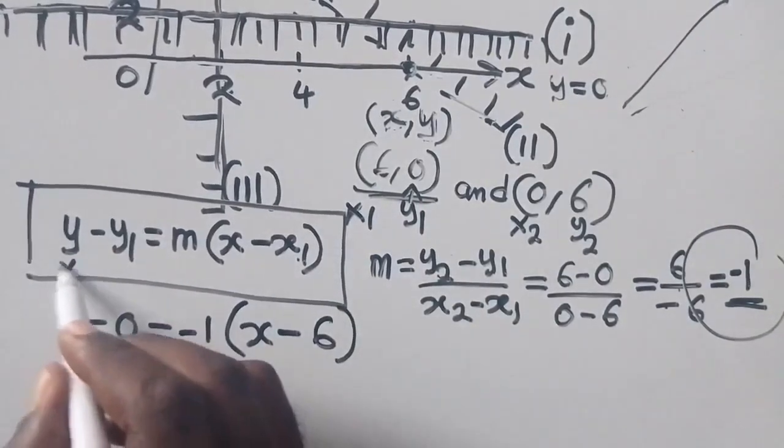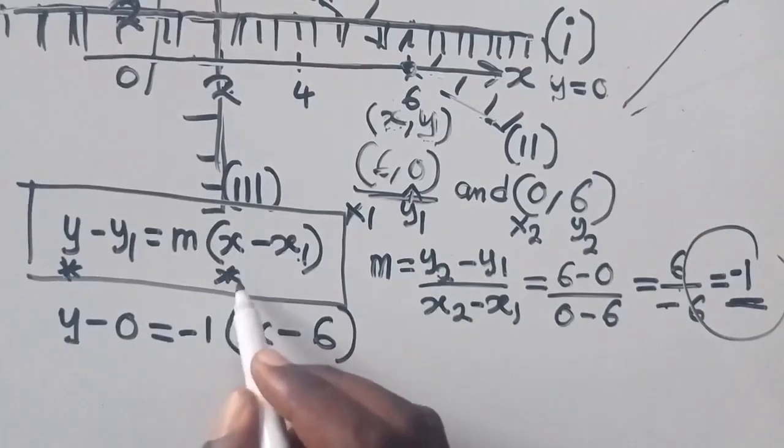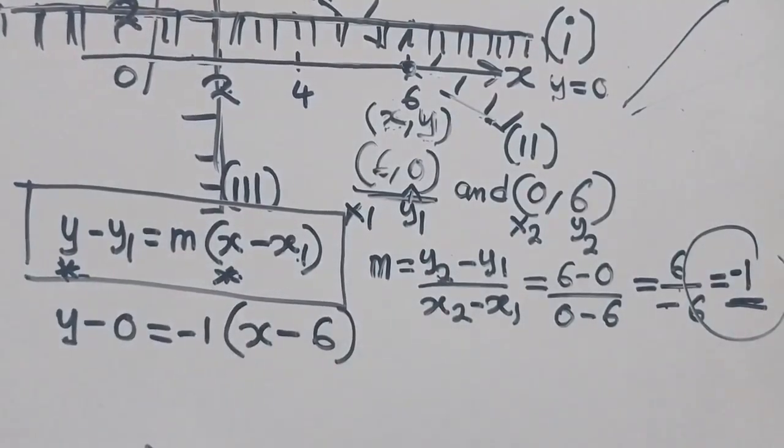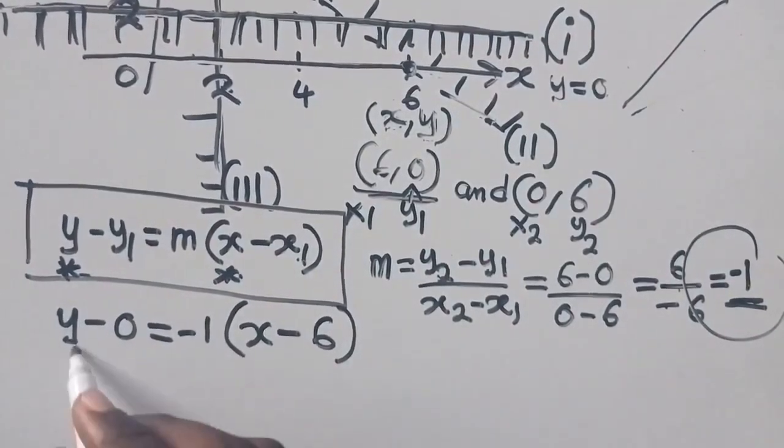These two are constants; they are not changing. So you say y minus 0.